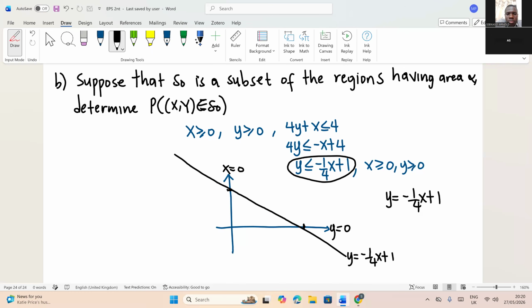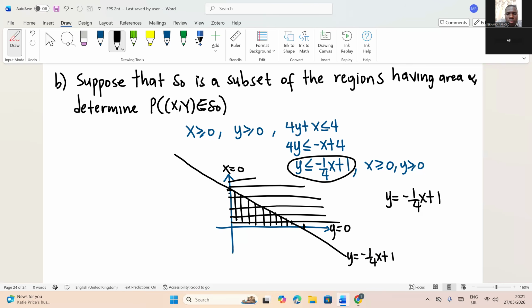But it is less or equal to, so it is the region below this line. Then x greater than 0, these values of x above 0, and then values of y that are above 0.